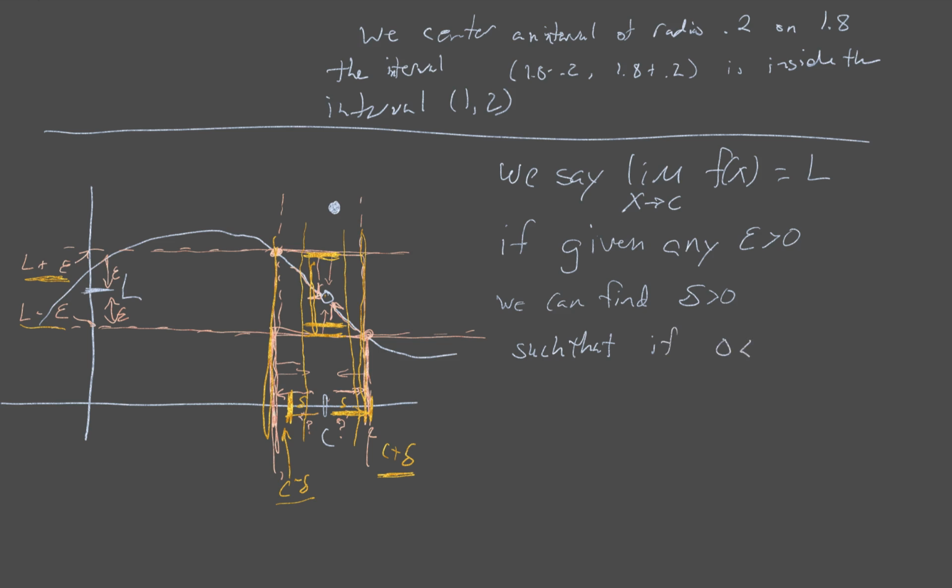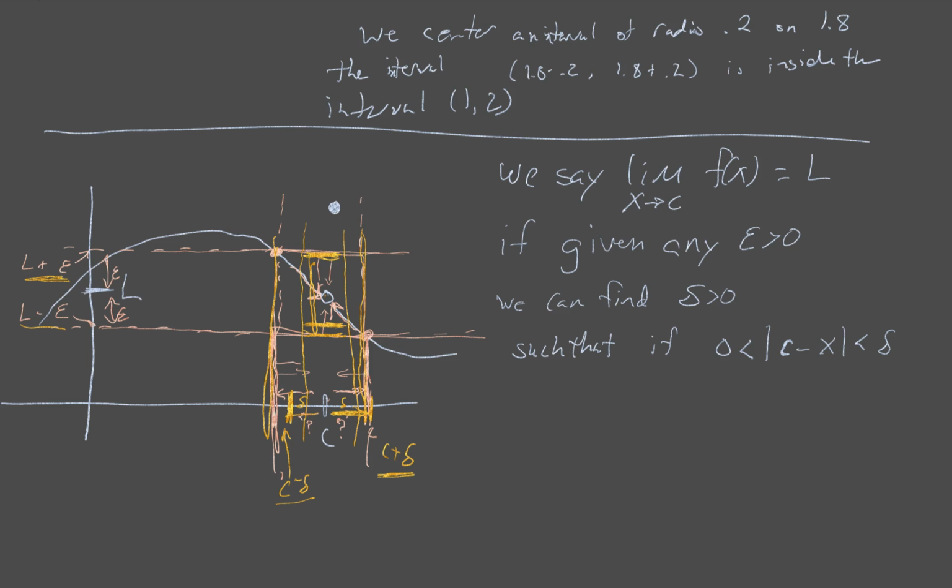if 0 is less than the absolute value of C minus x is less than delta. Okay. So this inequality says the distance between the point that I'm going to look at and C is less than delta, and C and x are not actually the same, right?